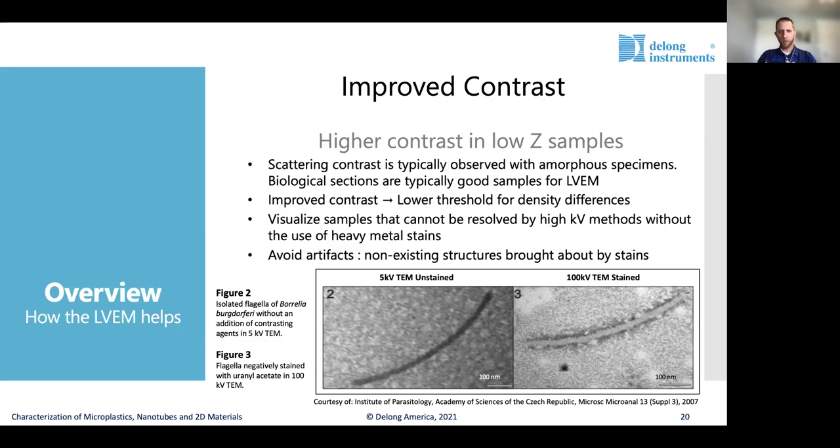In this particular case, it was a biological specimen, a particular microorganism, and the advantage again is that it can be imaged directly without having to do those heavy metal stains, and there are no artifact structures on the edges of the material. So it gives you a much more direct idea about surface roughness, surface area, and the size of the materials, which again correlates back to the hazard and risk analysis for these materials in the environment, as we looked at earlier.